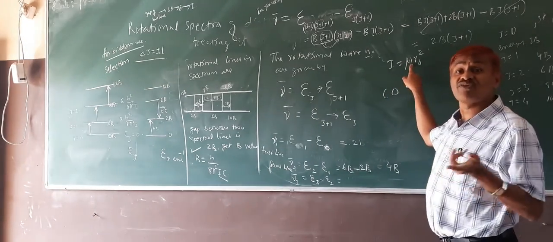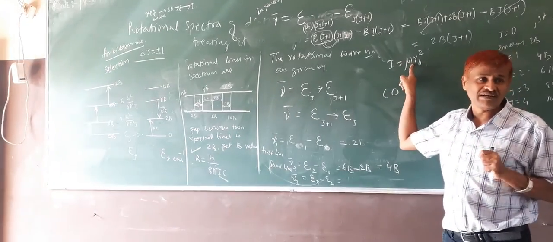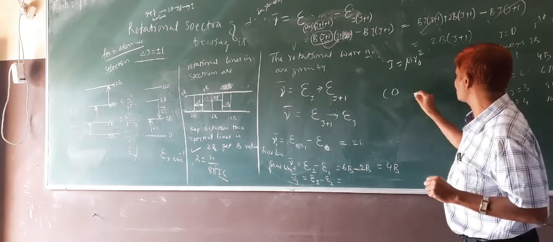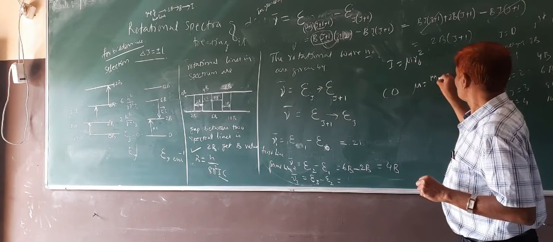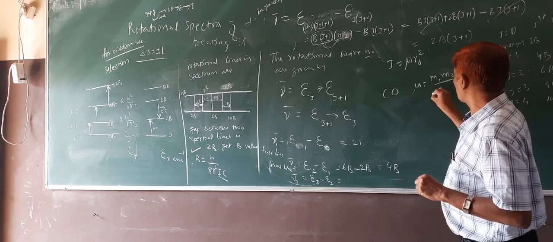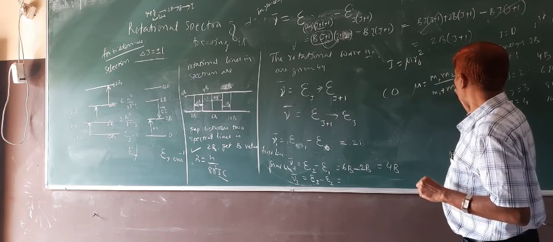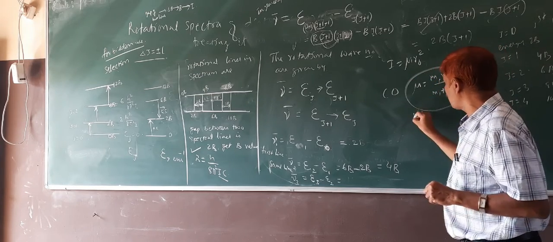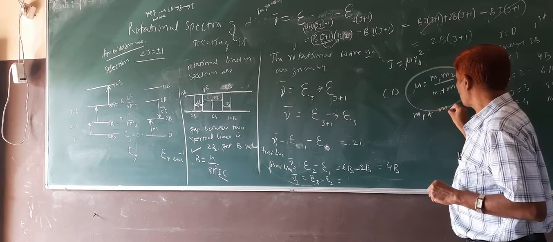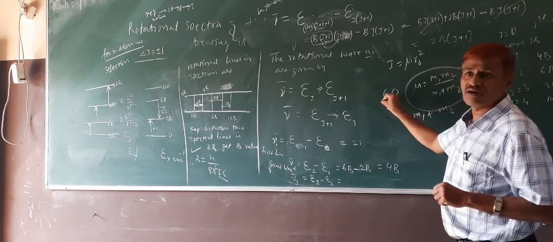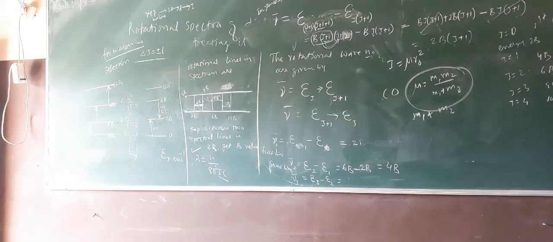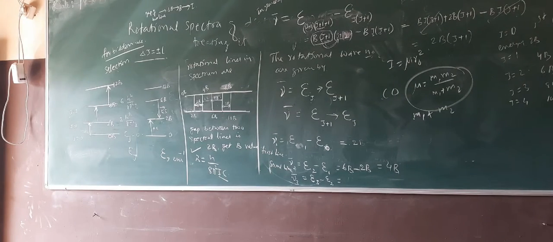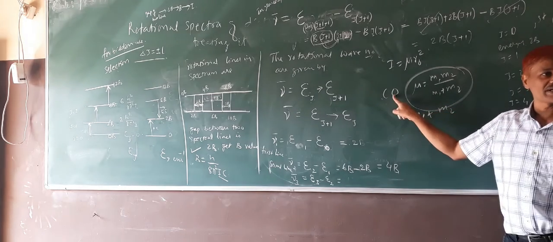There is no need of doing reduced mass separately, because you know reduced mass is given by m1 m2 divided by m1 plus m2. This can be calculated by knowing m1 and m2, where m1 and m2 are masses of oxygen and carbon. That is the norm. You know the mass of oxygen, you know the mass of carbon, which are involved in the bond formation.